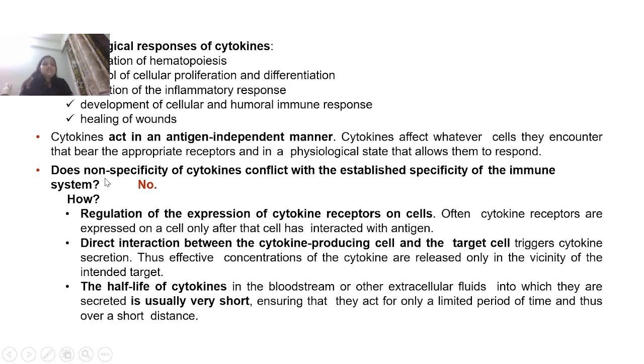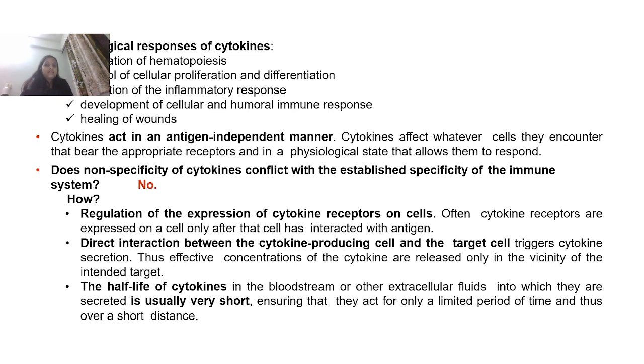So does non-specificity of cytokines conflict with the established specificity of the immune system? Anyone can ask, if a small amount of cytokine is produced and it can activate any kind of cells which have its receptor, then this is very much non-specific behavior.